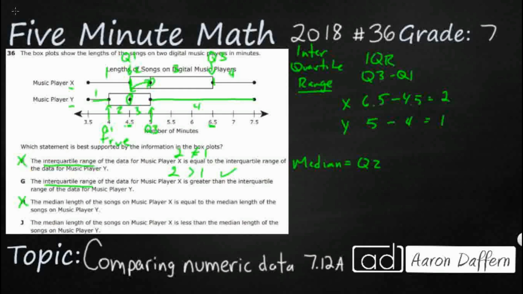The median of music player X is 5, and they're going to say that is less than the median of the music on music player Y. No, that's 4.5. Visually, since they're lined up on top of each other using the same scale, you can see that this X is greater than what it is on Y. So that's also incorrect, which means our answer is back to G.